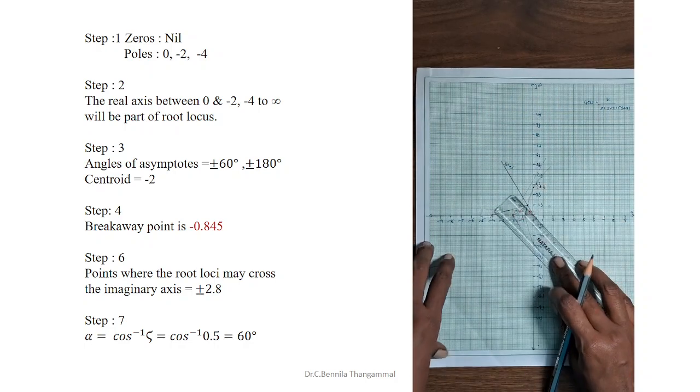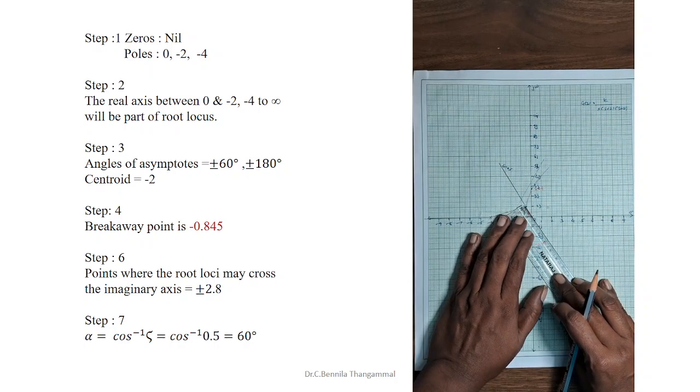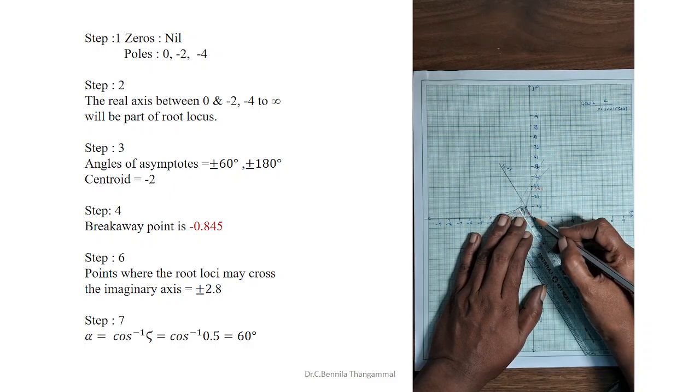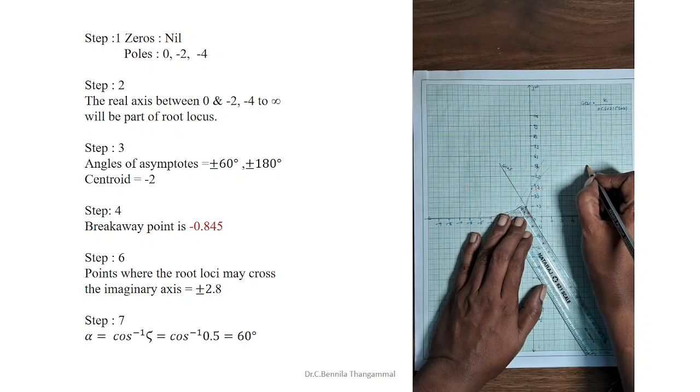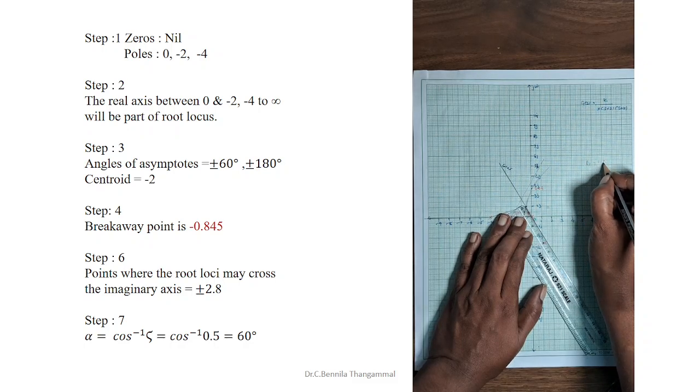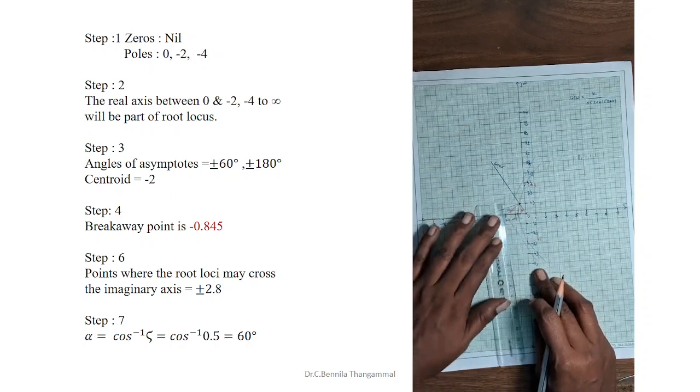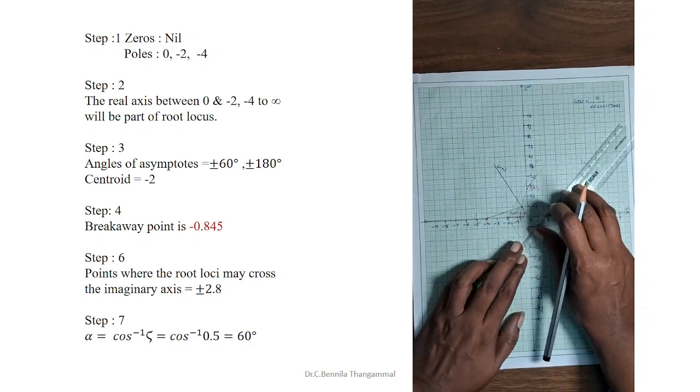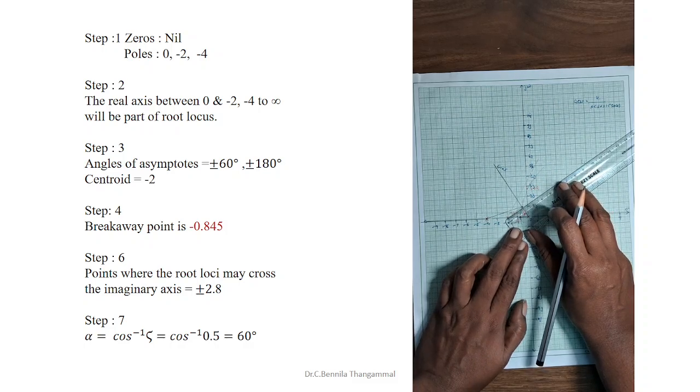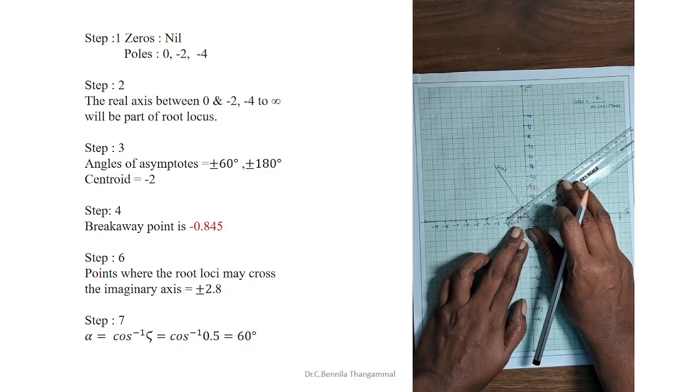So from this point find the value of L1. L1 is going to be 1.1. Then L2, the distance between pole 2 and this point, is nearly 1.85.